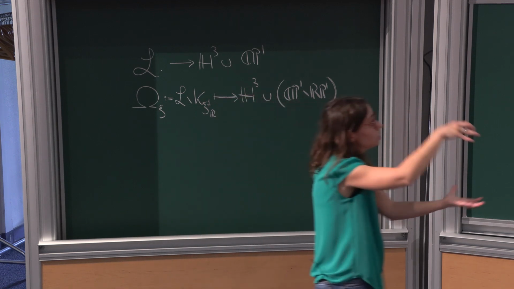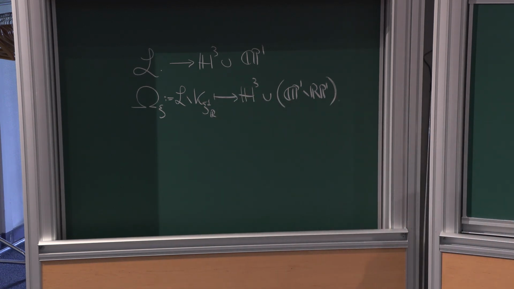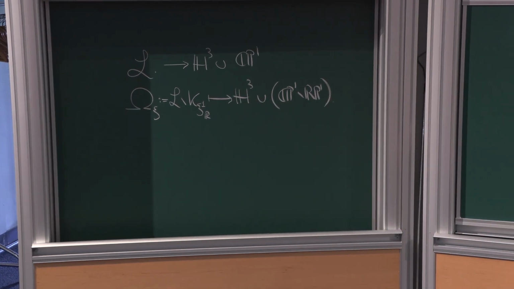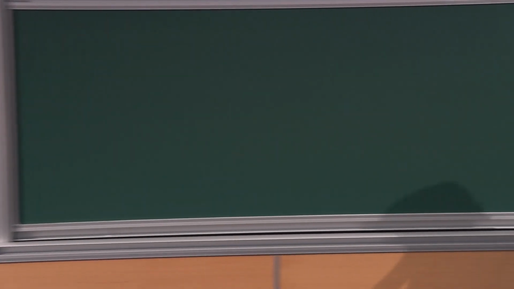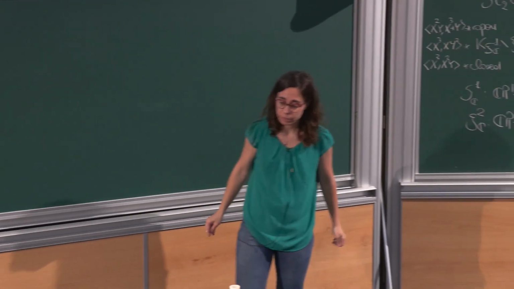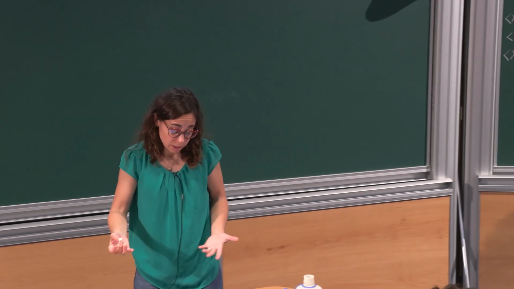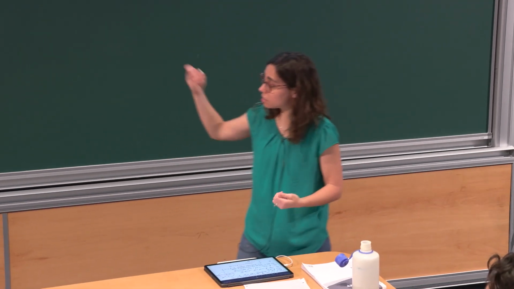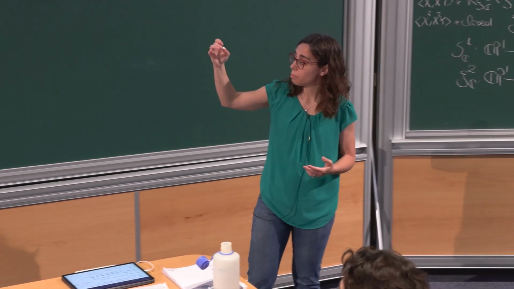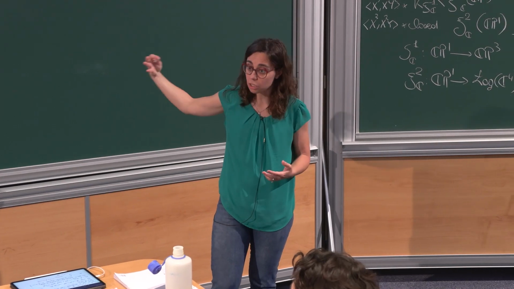And so now what we are going to do is just project everything down to H2. Okay, so this is this non-smooth map from the domain of discontinuity into H2.